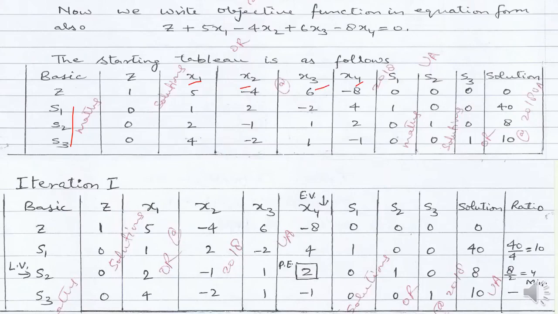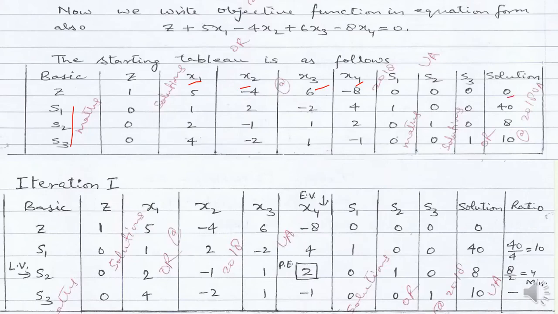First, the z row. In the z row we have written coefficients of the z objective function, which we have written in the equation form. So this is 1, 5, minus 4, 6, minus 8, 0. This is the coefficient of s1, s2, s3. So they will be 0, 0, 0, equal to the solution, which is 0.